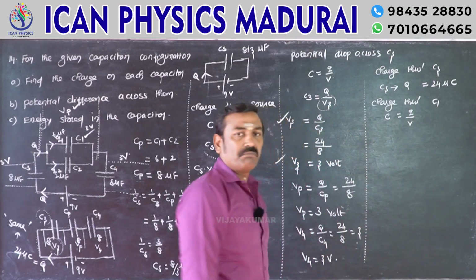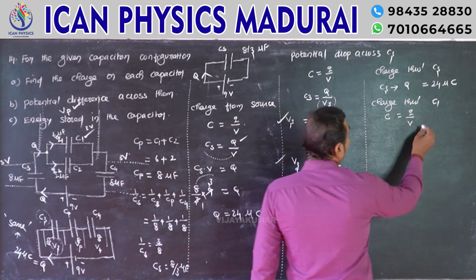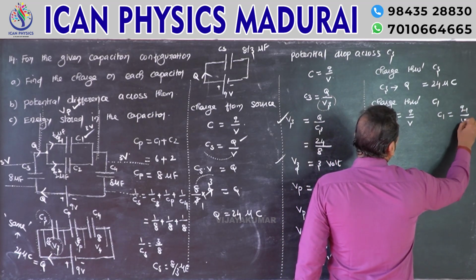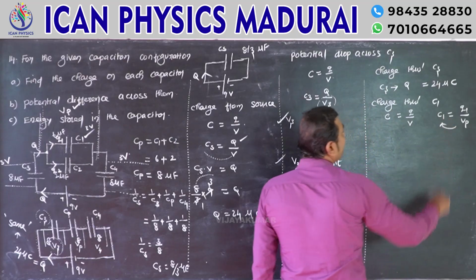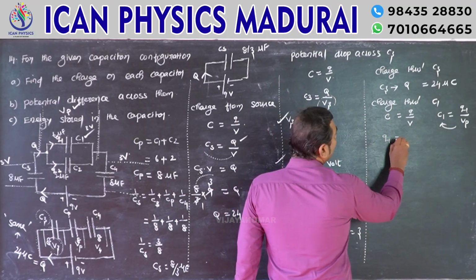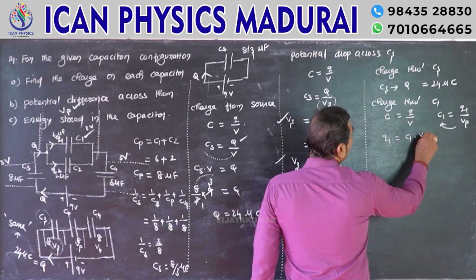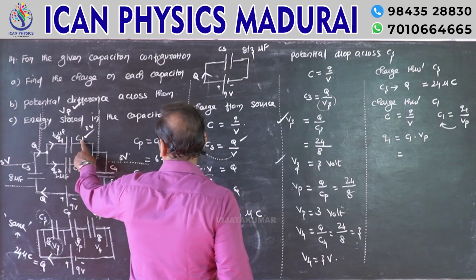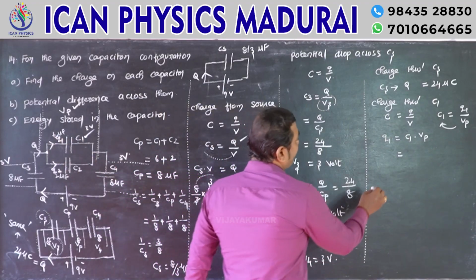Now I want to modify the formula. So how can we modify? C1 equal to Q1 by Vp. So the division Vp goes to the other side as multiplication. So Q1 equal to C1 into Vp. What is the value of C1? It is 6 microfarad.